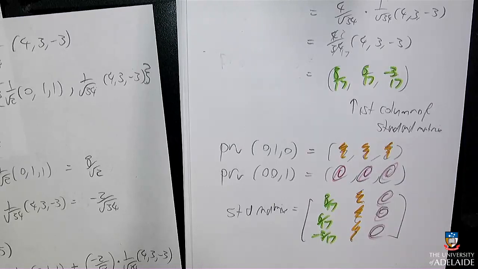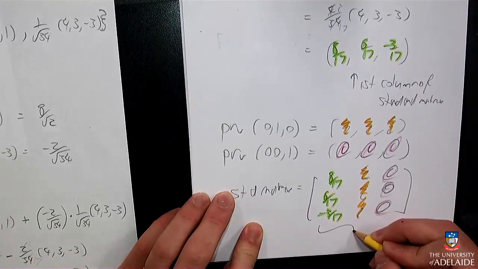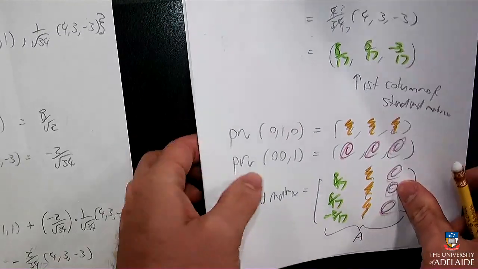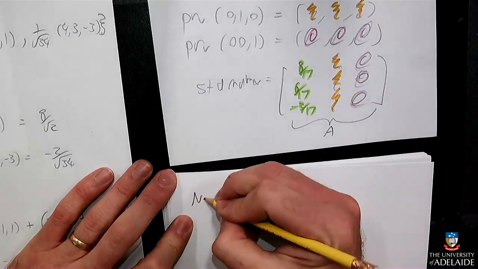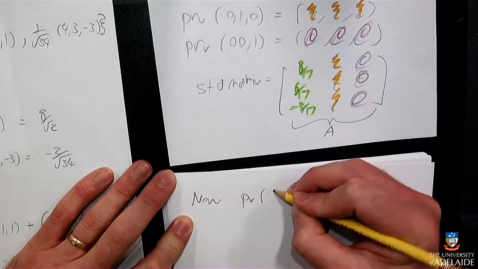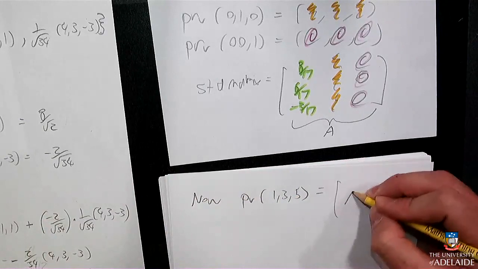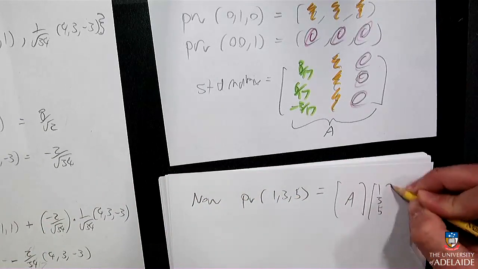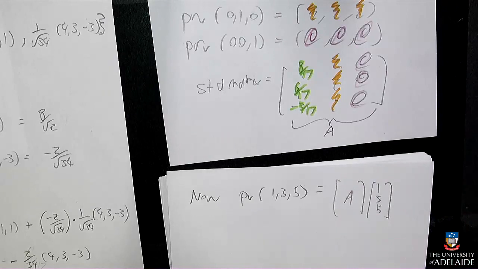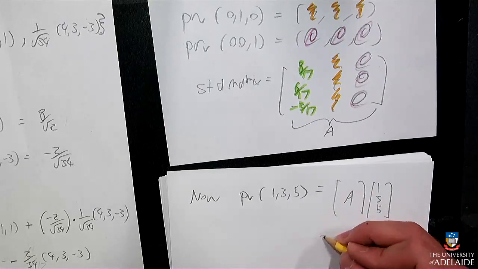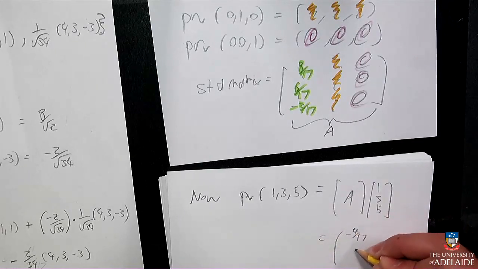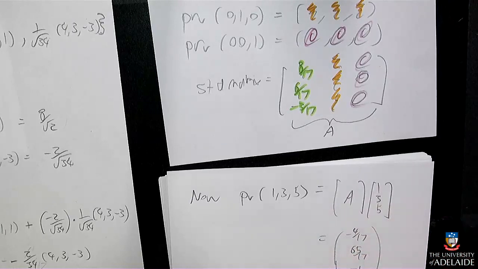So let's just call this the matrix A. Now, the projection of V onto V of (1, 3, 5) would instead have been calculated by doing the matrix A times (1, 3, 5) as a column. And that would come out as a column vector version of the answer I was looking for. Yep. And so this would have actually come out to, it should have come out to that if it was working.